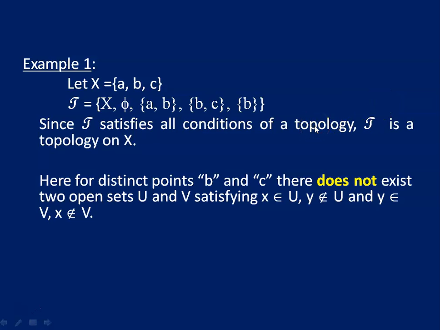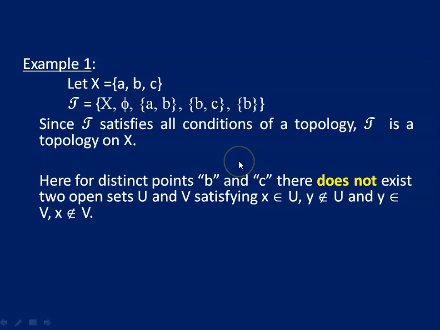Now let us check which open sets contain the point c. Clearly the whole space X contains c, and there is one more open set, {b, c}, which contains c. We have seen that the open set {a, b} contains b but not c.